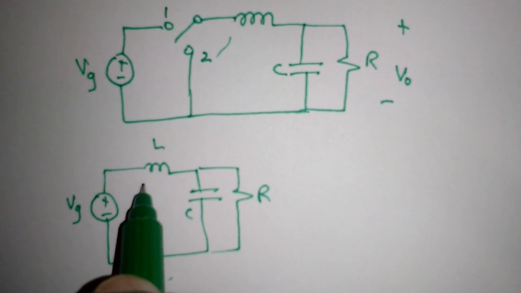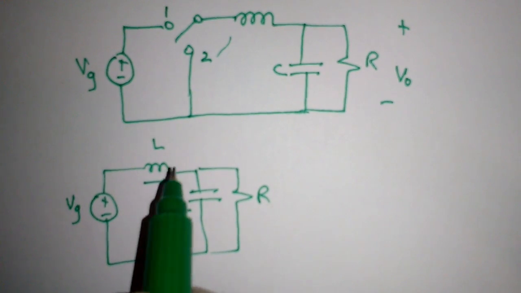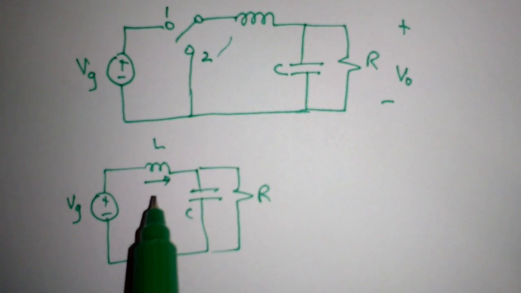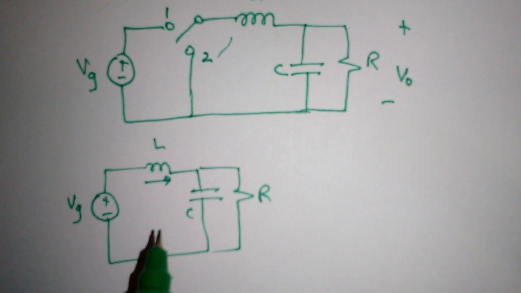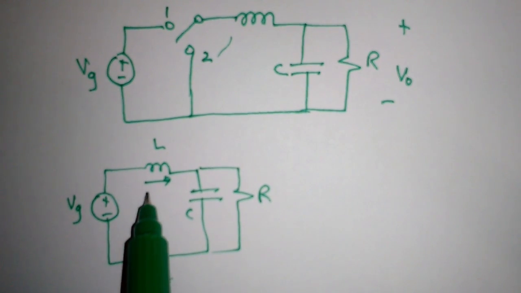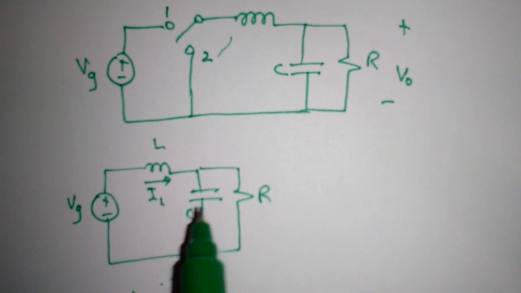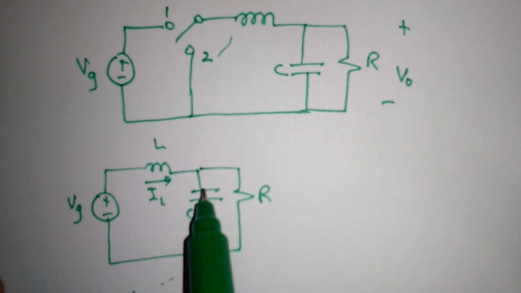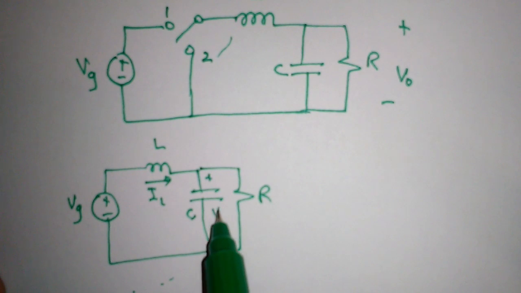There are different things that need to be kept in mind: when we are talking about inductor, we need to measure its current, and when we are talking about capacitor, we need to measure its voltage.